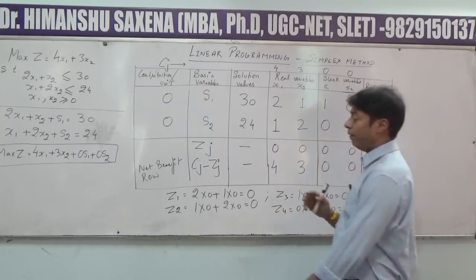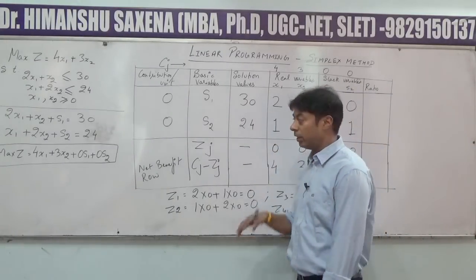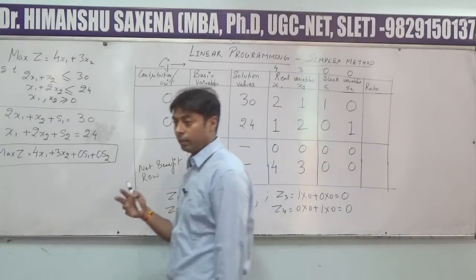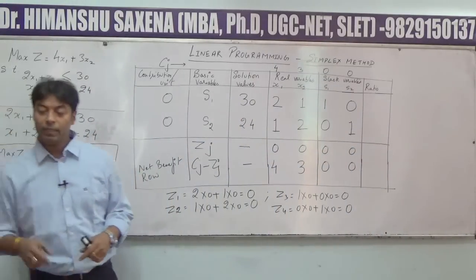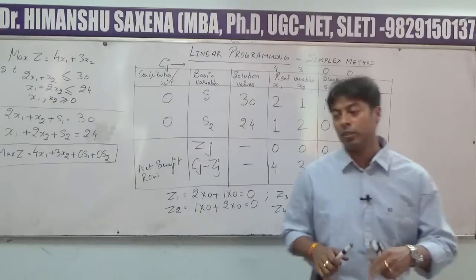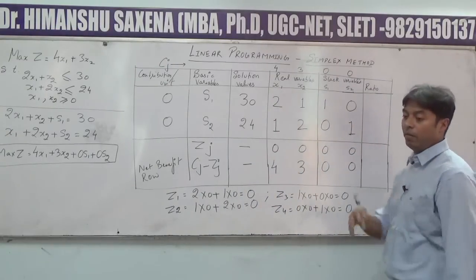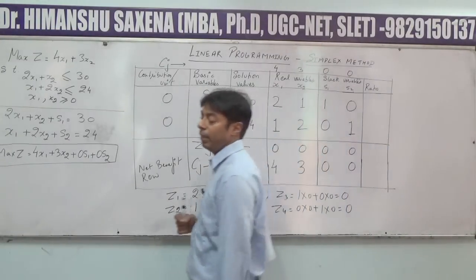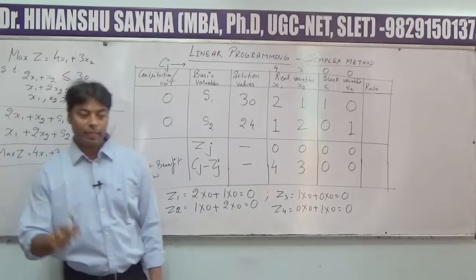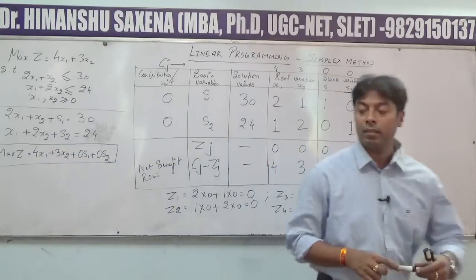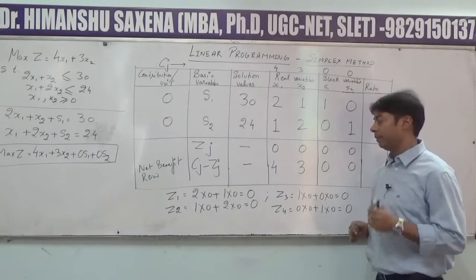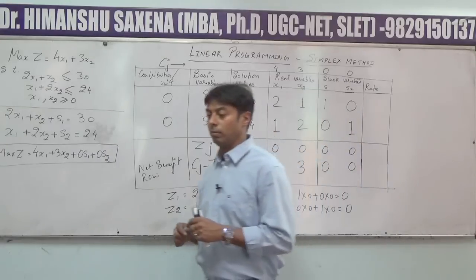Now you have to take down some formulae which are the base for solving this process further. Please take down the first formula, which is going to be of immense help while we are solving this simplex table. So, key concepts to be used in the simplex method. Number 1, key column.